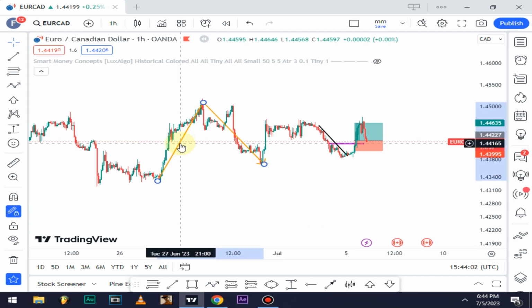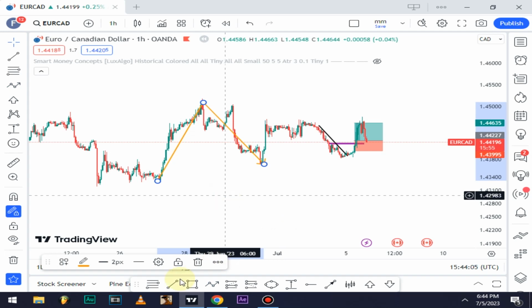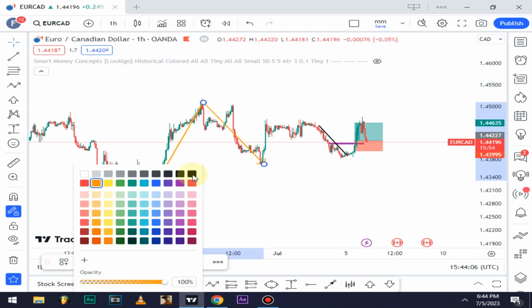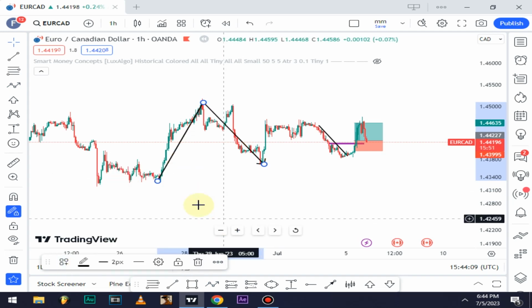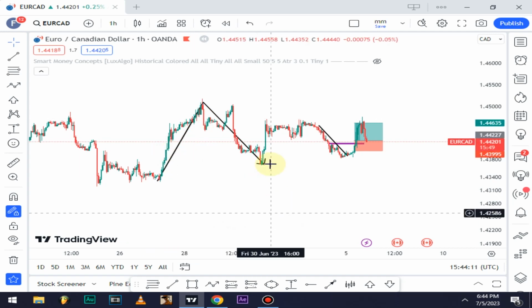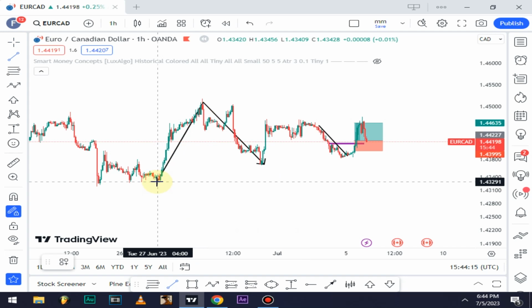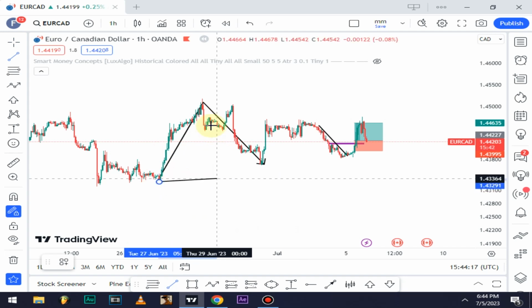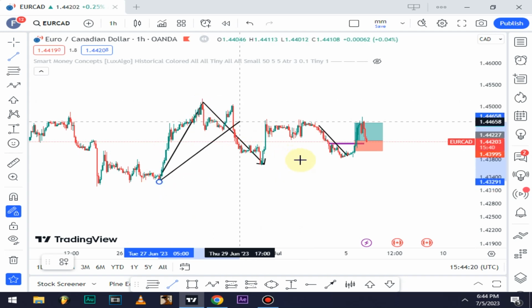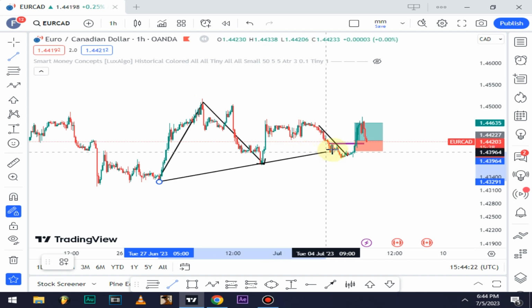Let me make it black. Now that's the V I'm talking about. You just have to make sure that the first leg of the inverted V, now that we are in an uptrend, joins with the second leg like this.